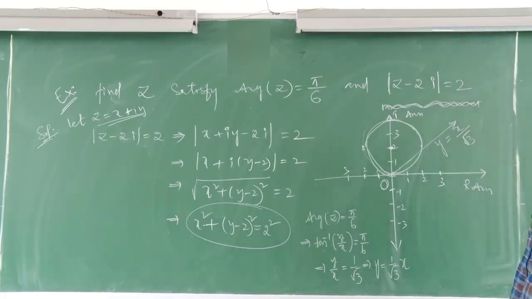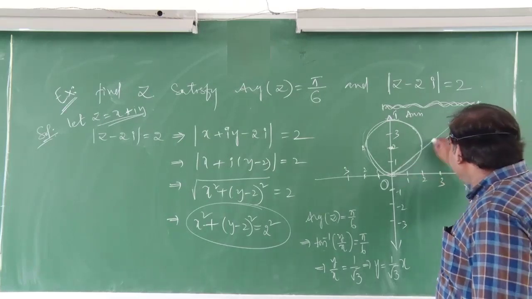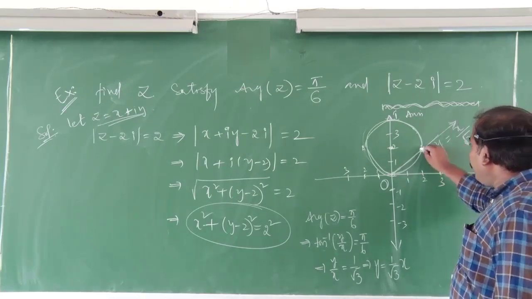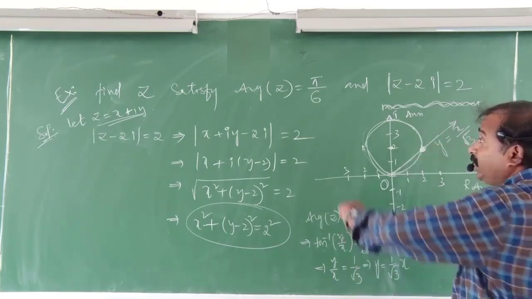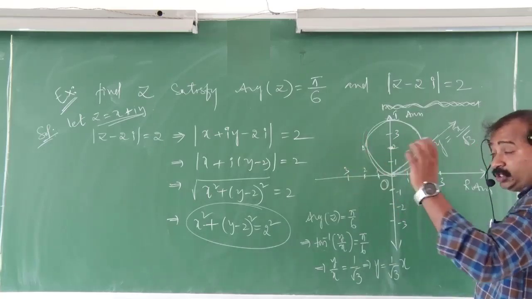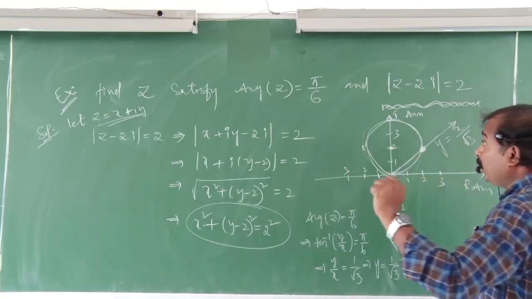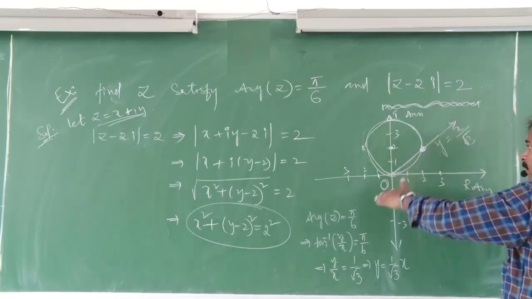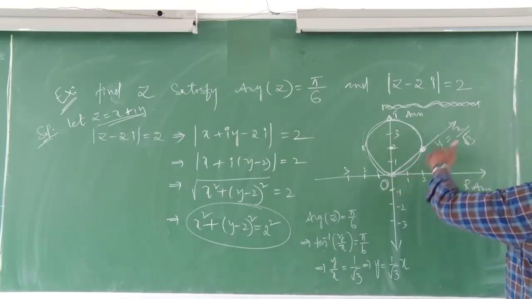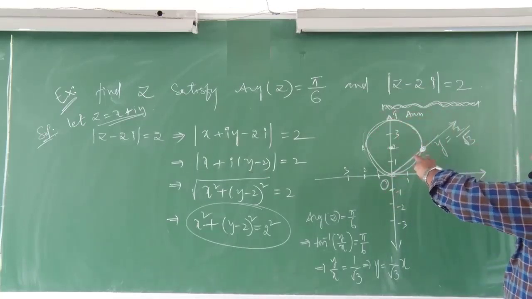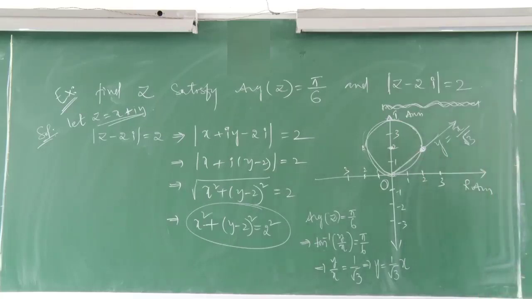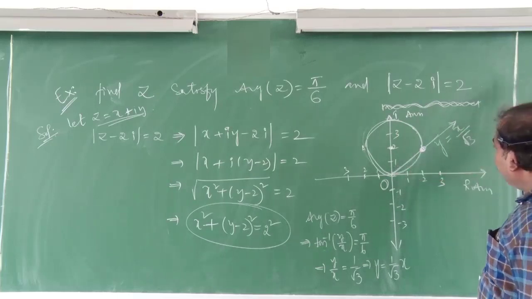Now if you observe this ray, we have to find this point, a particular z value. The required z lies on argument of z equal to pi by 6. But I told you argument of z equal to pi by 6 means it is a ray starting at the origin and going on like this.